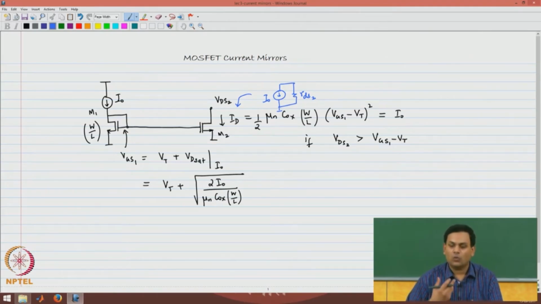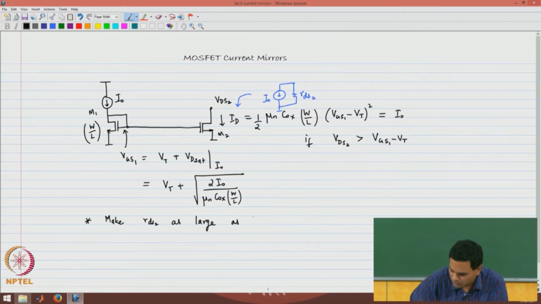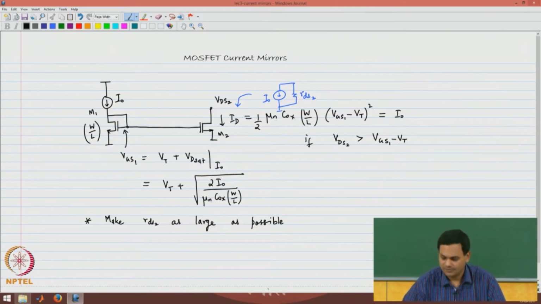If you want the bias circuit to look like an ideal current source, you need to make RDS2 as large as possible. So, this is going to be one of the design constraints.